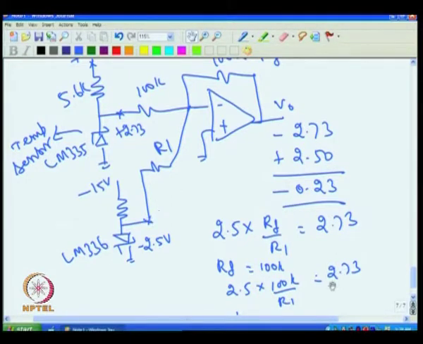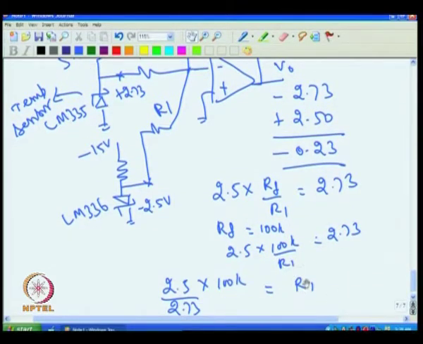So, I have to put this value of R1 here. If you work it out, you do not find even that value readily available. So, normally what is done is that it will be around 82 K. So, I will put one more additional resistance here, for example, 82 K and a very small variable resistance here, and then that actually should cover this range.